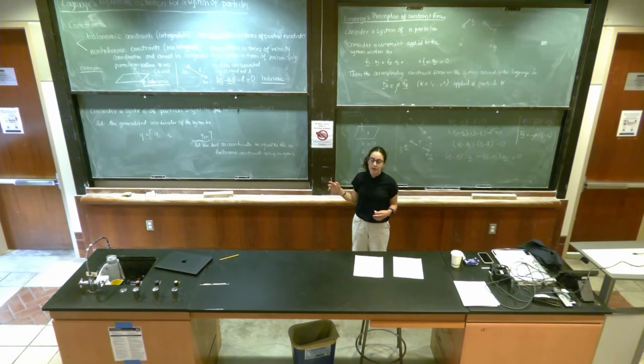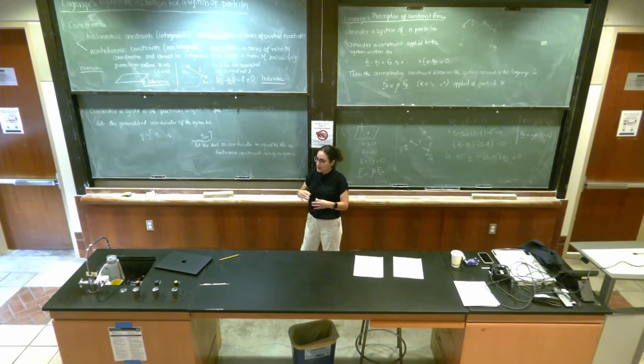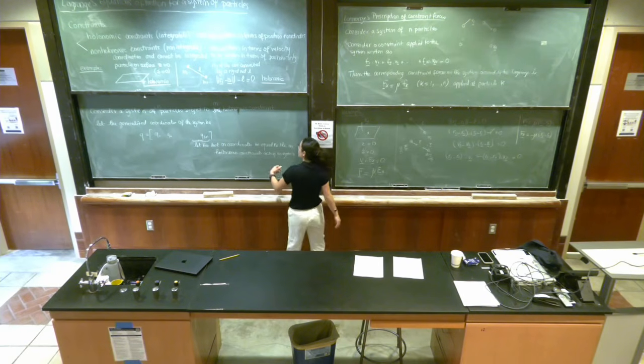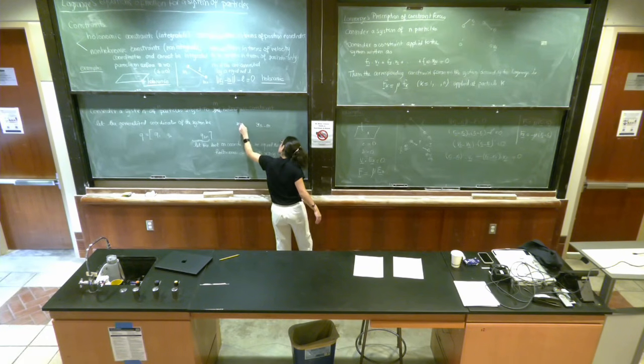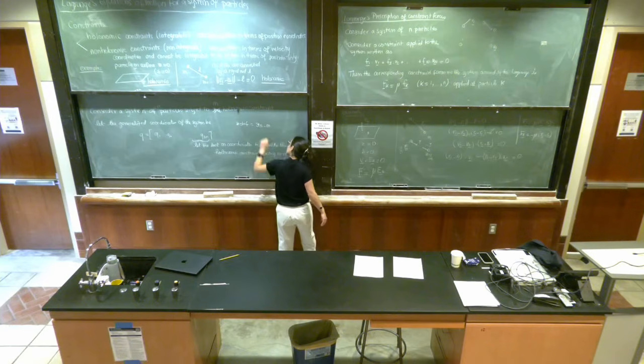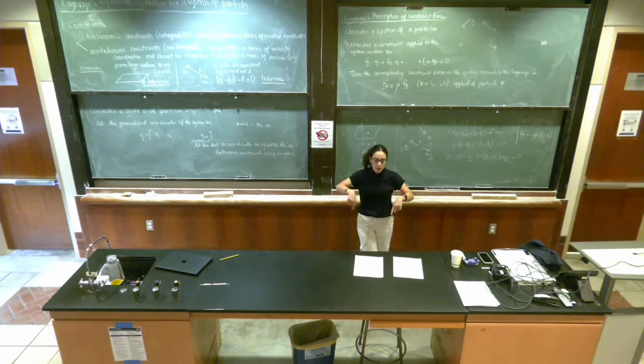So how many degrees of freedom does the simple pendulum have? 1. In general, for a system with 3n coordinates and m holonomic constraints, the number of degrees of freedom is going to be 3n minus m.